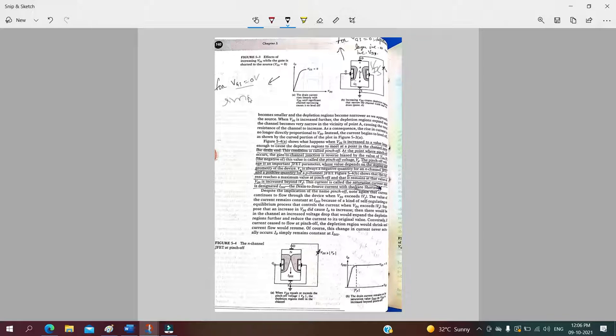When VDS is increased, for small VDS, initially current will increase linearly with the magnitude of VDS. Here on the vertical axis, I have taken ID, and on the x-axis I have taken VDS.